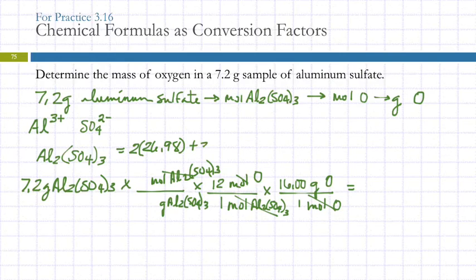And we've got 3 sulfurs, 32.07. And we've got 12 oxygens. So this is going to be a big number. That's okay, it's a big molecule. 2 times 26.98 plus 3 times 32.07 plus 12 times 16.